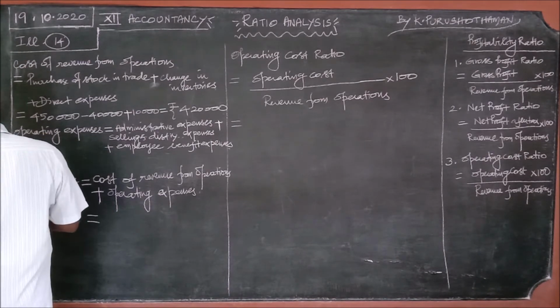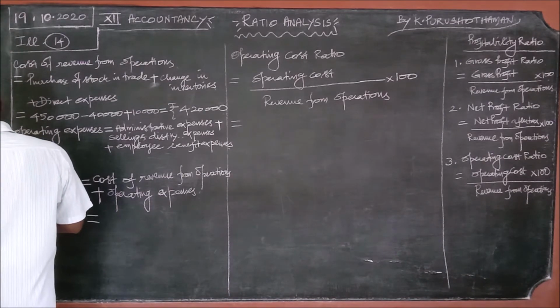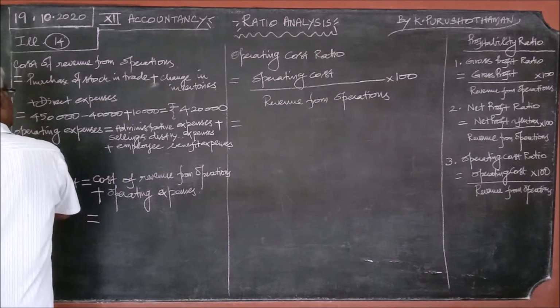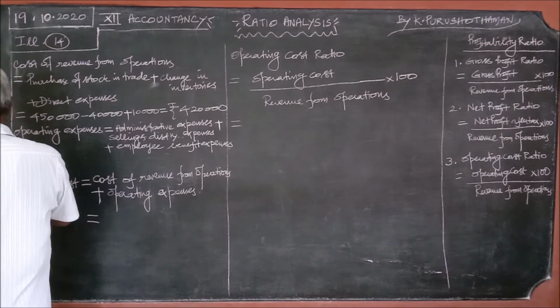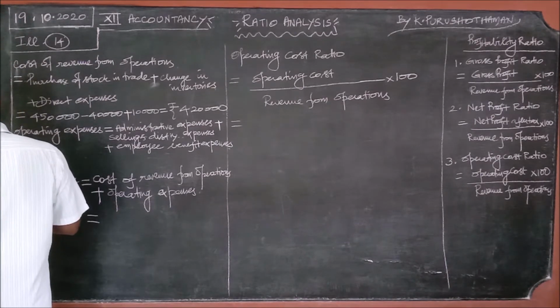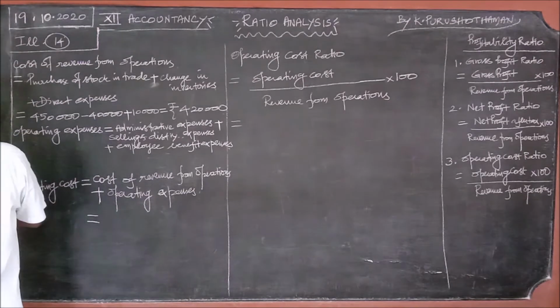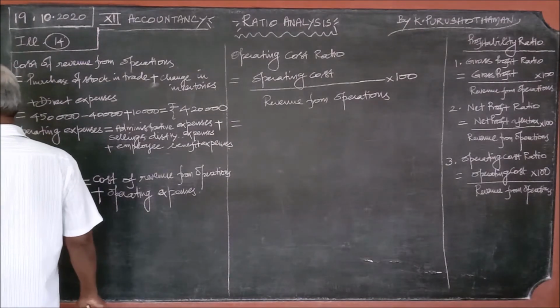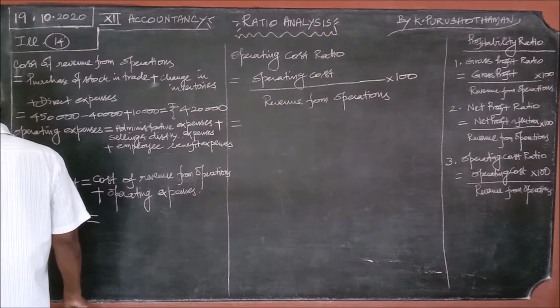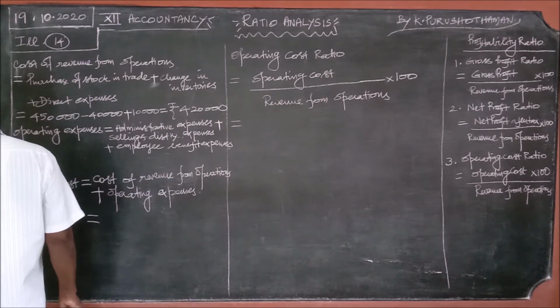What are the amounts there? Employee benefit expenses is 22,000. Selling and distribution expenses, it is given, we can write. And administrative expenses, 20,000.